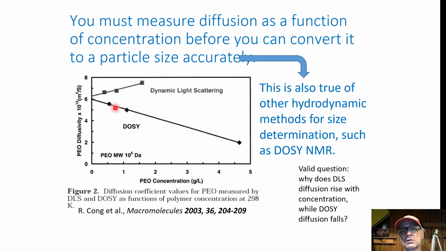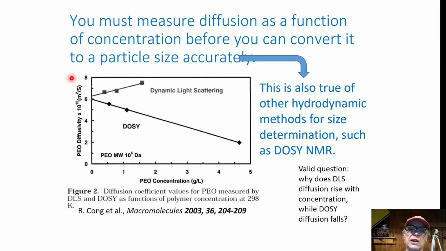I mentioned earlier that there are other techniques you can use for this. One of them is DOSY NMR. And look, it has a totally different concentration dependence. Again, this is the sort of subject that goes into 6751 polymer physical chemistry, but it's quite normal for diffusion coefficients in dynamic light scattering to go up with concentration, and it's almost always the case that they go down with concentration in DOSY NMR, and that's because they're looking at somewhat different kinds of diffusion.